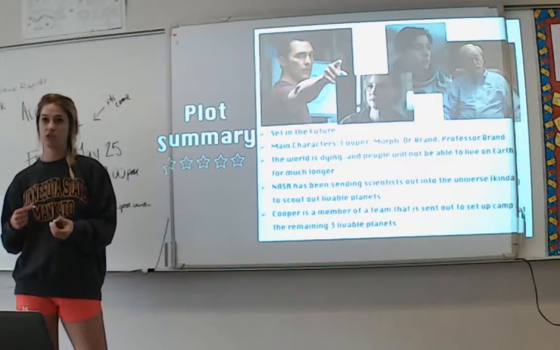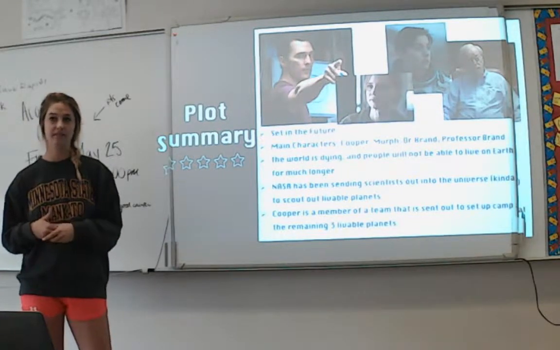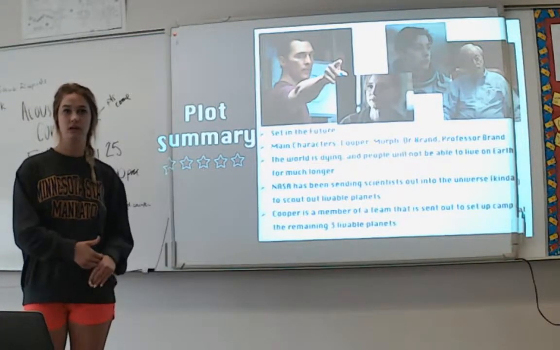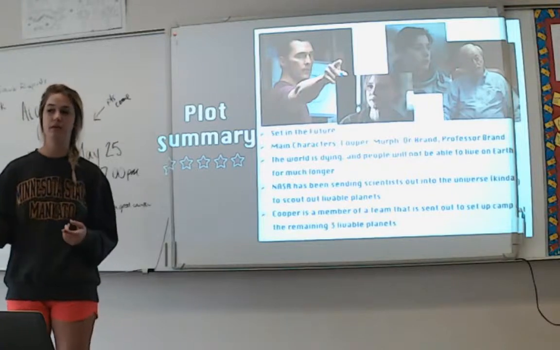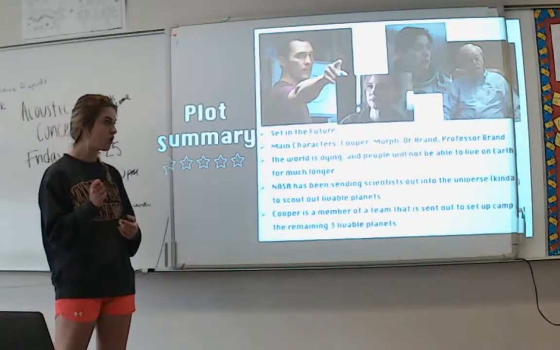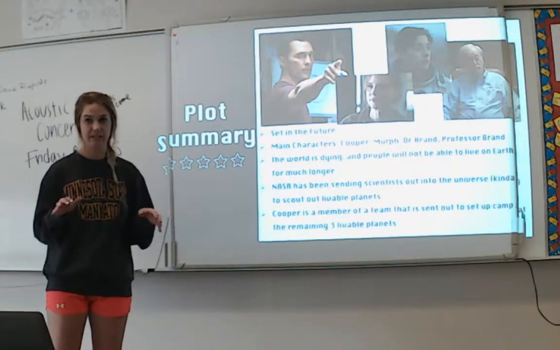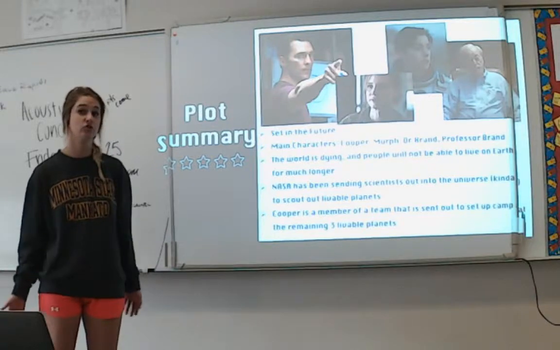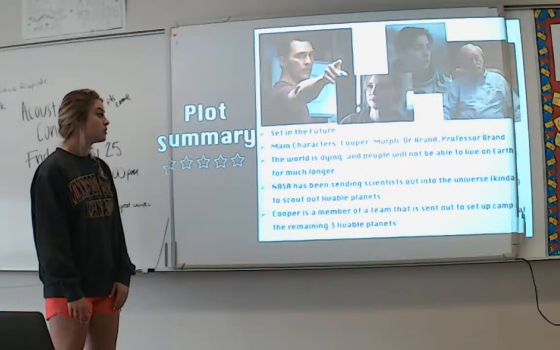And so what happens when they get down to that planet is they find that the professor that went originally was actually dead, and there was a malfunction in some of the transmitting equipment. And so that planet wasn't actually livable. It was just deemed livable 10 years ago, and then everything got destroyed and the professor had died.